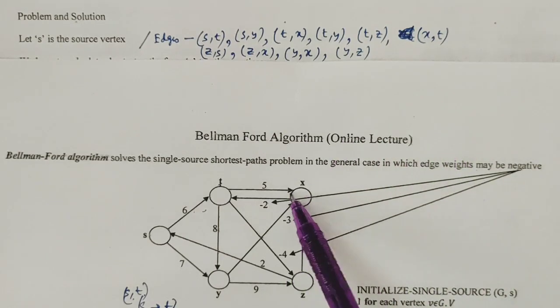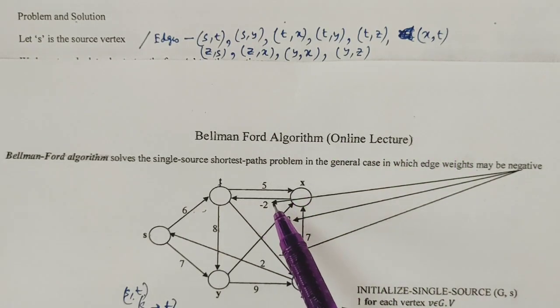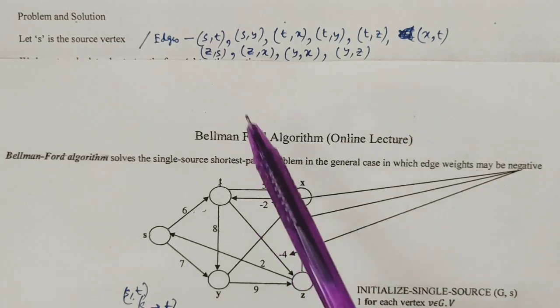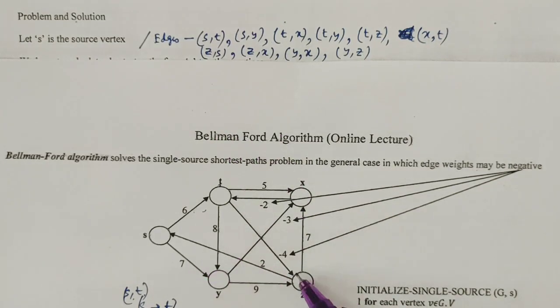Then x2t is another edge, which is also a negative edge weight. Z2s, Z2x, these two are other edges, and y2x is a negative edge weight holder, and y2z is the last edge. So these are the set of edges present in the graph.